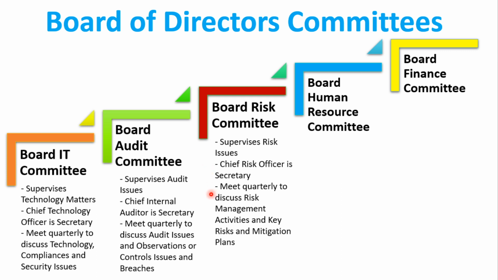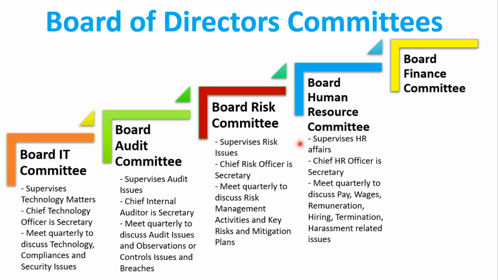This committee also meets on a quarterly basis to discuss the risk management related activities and issues, like the key risks faced by the organization, and the mitigation plans are developed and implemented through the Chief Risk Officer by the board risk committee.